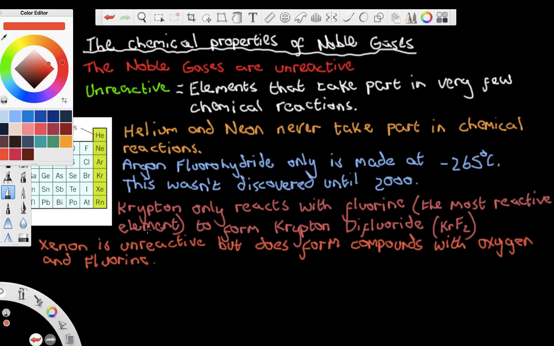Okay. Now, most noble gases are found in the atmosphere. They're just part of the mixture that we call air. We can use distillation to separate them from the air to get things like helium that we can use. So noble gases are found in the atmosphere.